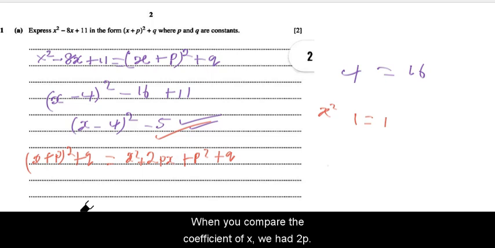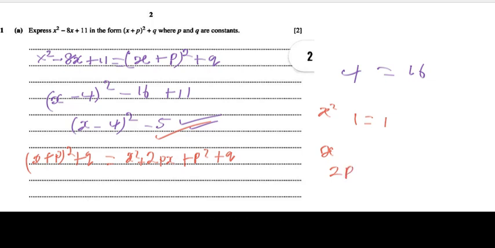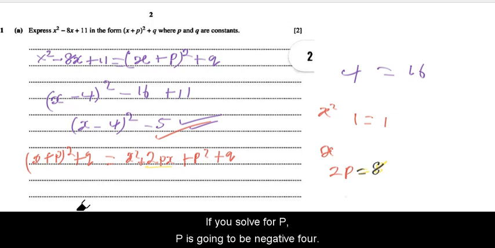For the coefficient of x, we have 2p here. So if you compare both left and right, we will have 2p is equal to 8. If you solve for p, it is going to be negative 4.